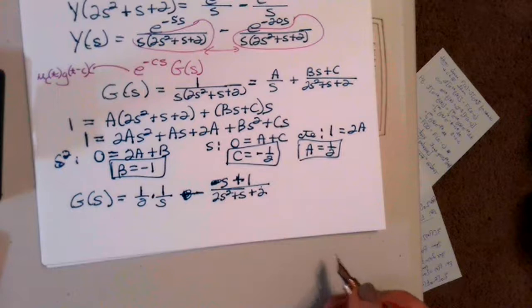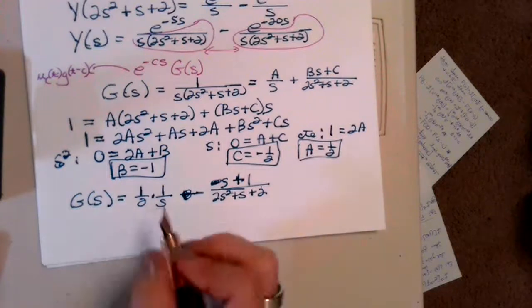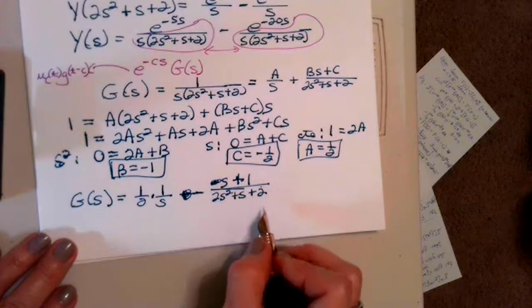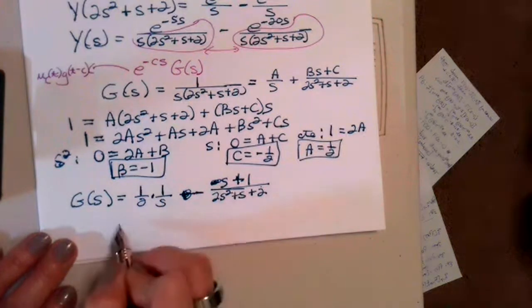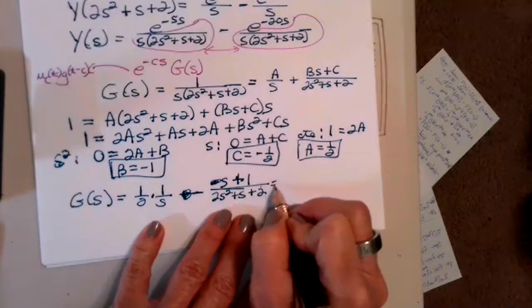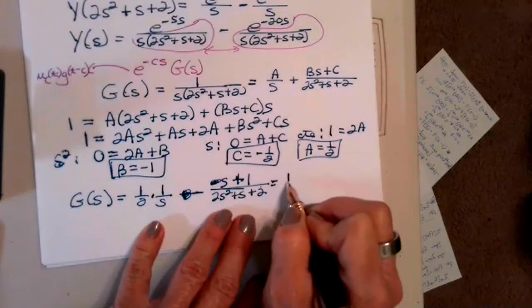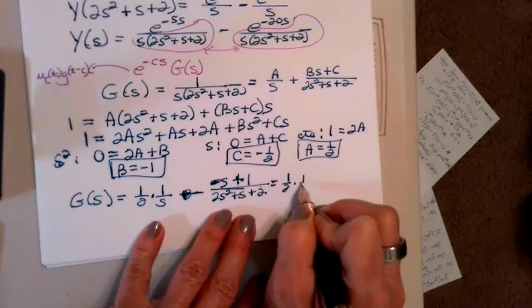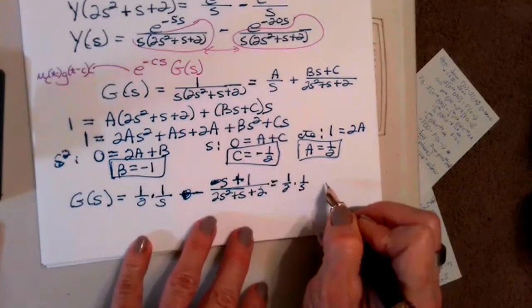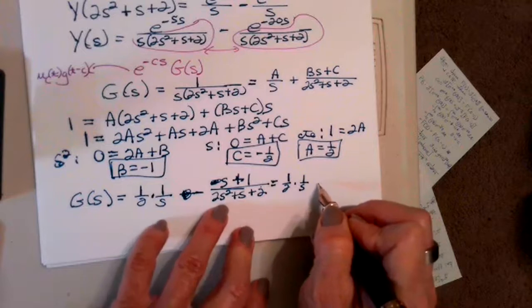So this one is easy to invert. This one we have to work on a little bit. So what am I going to have to do to this one? This will be 1/2 times 1 over s, because the 1/2 is going to stay out when I go to invert that. And now for this one, what am I going to do?